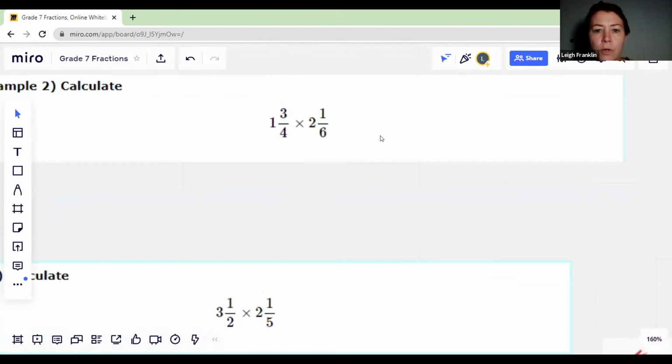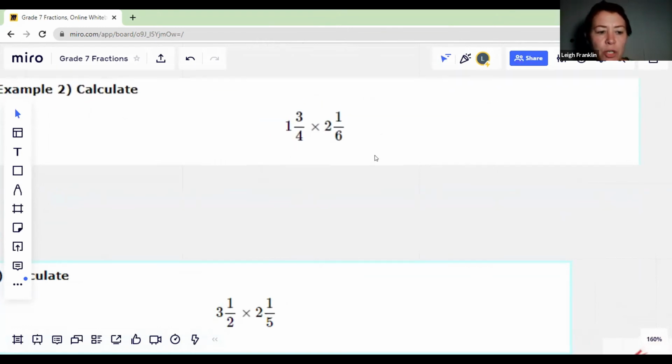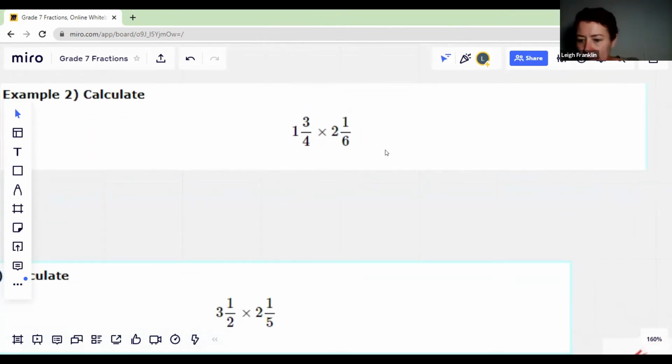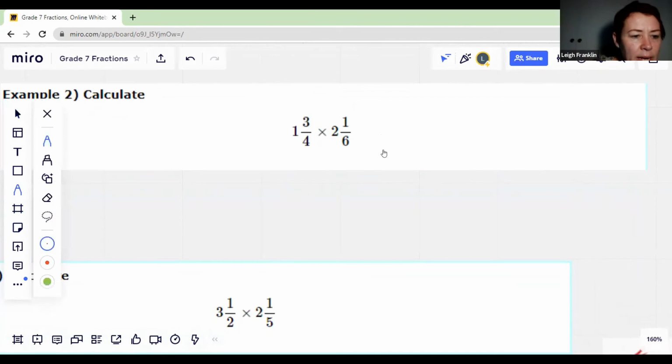So we're going to do number 2 at the top first. I'm going to go back to the beginning of my list, and I'm going to ask Katie. Don't know if you can hear me, and I hope you can. What would we do with 1 and 3 over 4 if we wanted to multiply it by 2 and 1 over 6? What do we have to do?